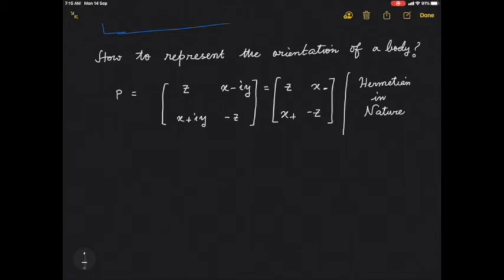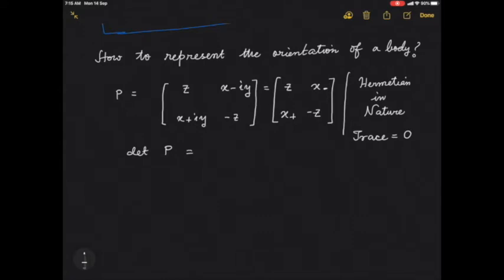Now you can see it's a 2 cross 2 complex matrix. You can check, it's obvious that the trace of this matrix is 0, right? z minus z is 0. What is the determinant of P?